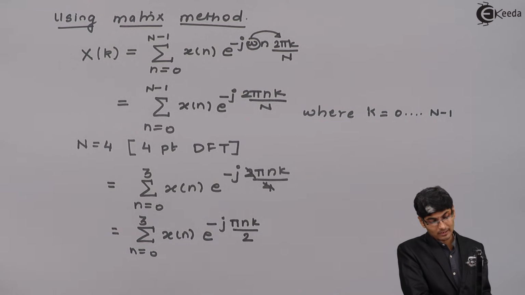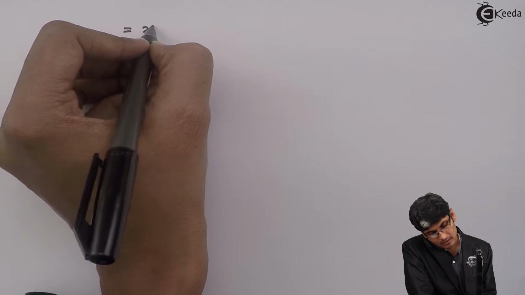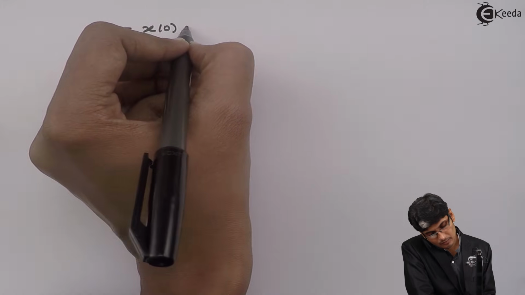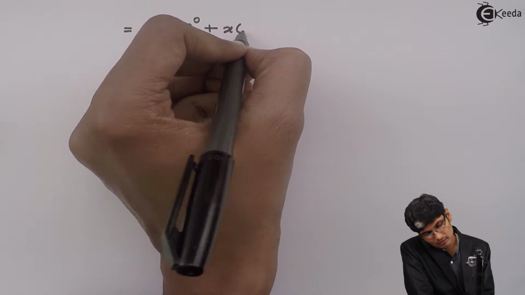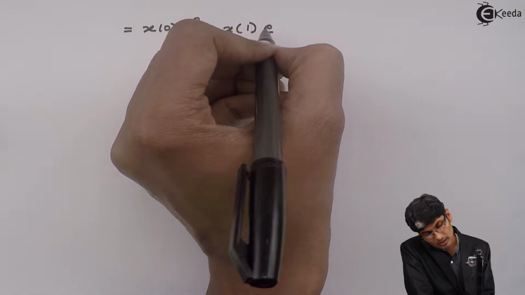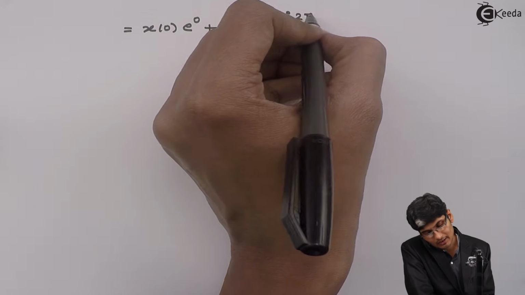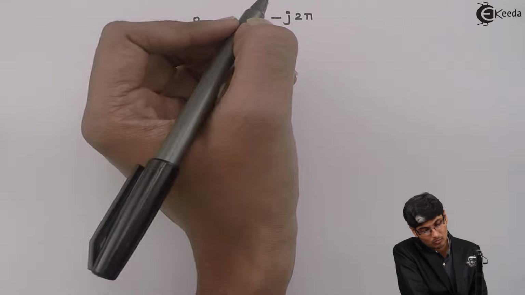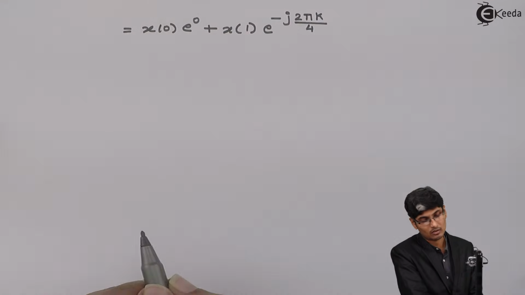Now next, let us substitute the values of n. So when I substitute the value of n, I will get x of 0 e raised to 0 plus x of 1 e raised to minus j 2 pi, we have nk, the n value is 1, so I get k by 4.